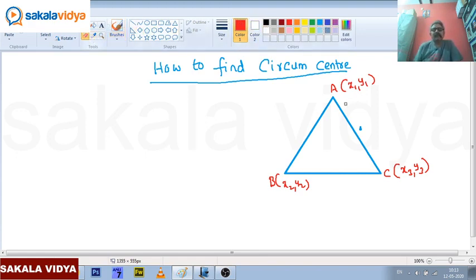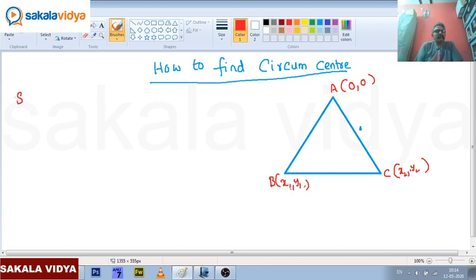I will explain for the origin, that's very simple. Later we go for the general case. Say one of the vertices is (0, 0), and the others are (x1, y1) and (x2, y2).